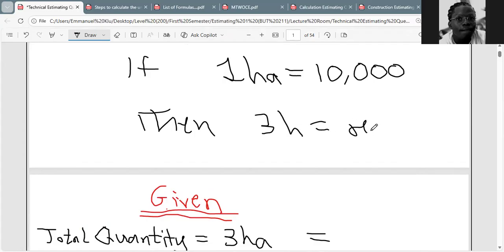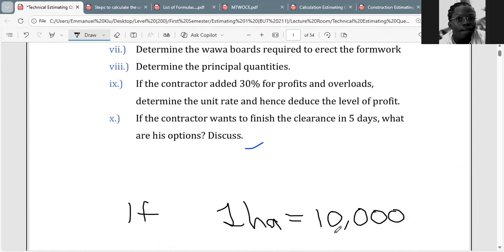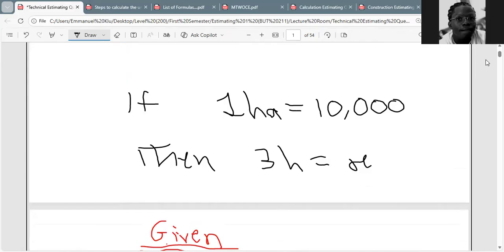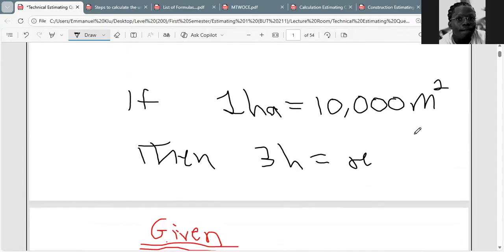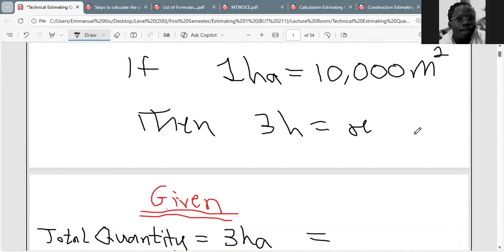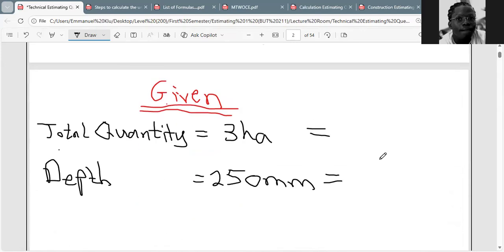So if we do cross multiplication, realize that 3 times your 10,000 meter squared, this is meter squared. At the end of the day, if you multiply 3 times 10,000, you are going to get 30,000.